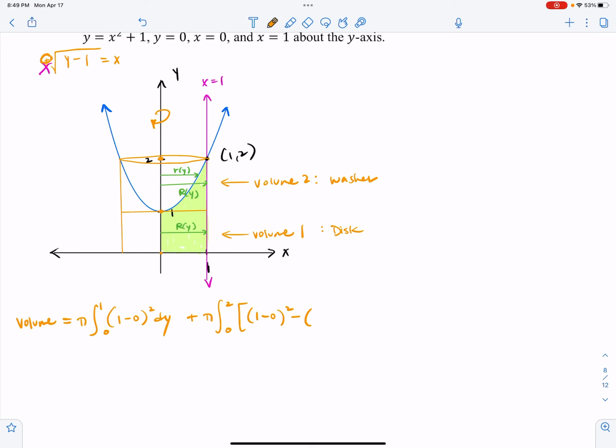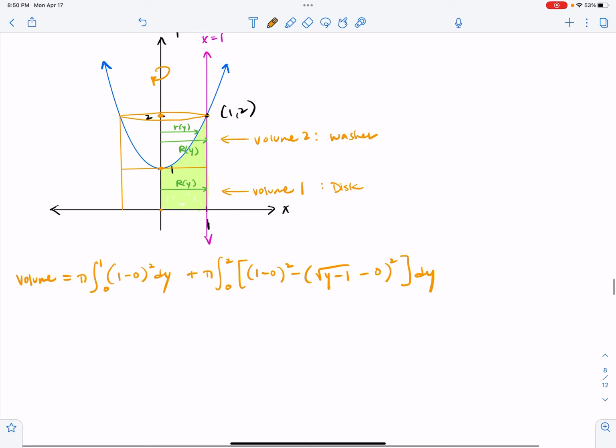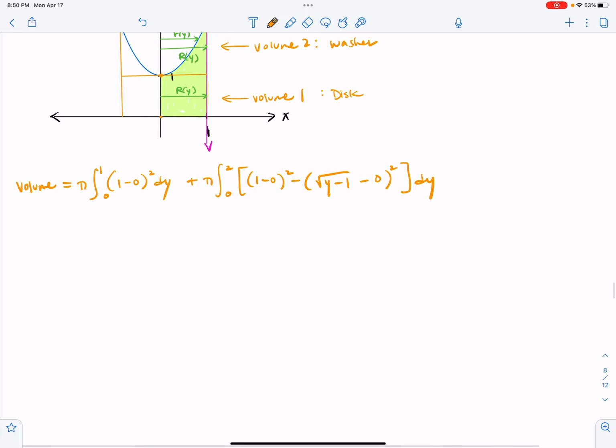Yeah, right to left would actually be the square root of y minus 1 minus 0, squared, dy. Yeah, right minus left. Big R squared minus little r squared. Okay, there we go.